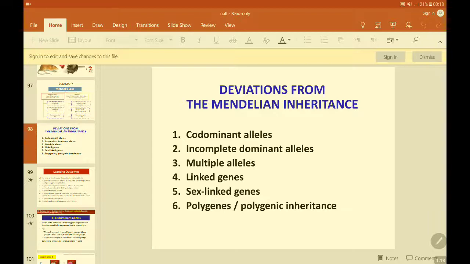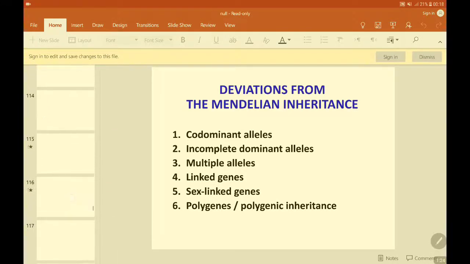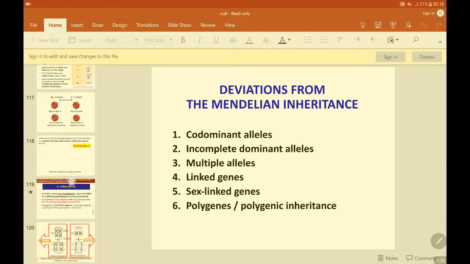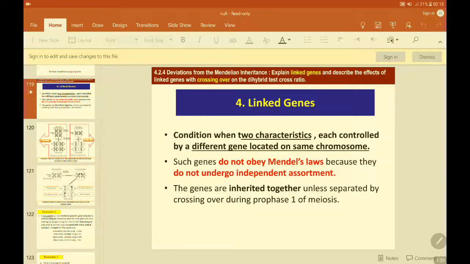Alright, I'm going to talk about linked genes as they are quite related to our dihybrid cross. First of all, what does linked gene mean? Link means join. So it is a condition when two characteristics, each controlled by a different gene, are located on the same chromosome.